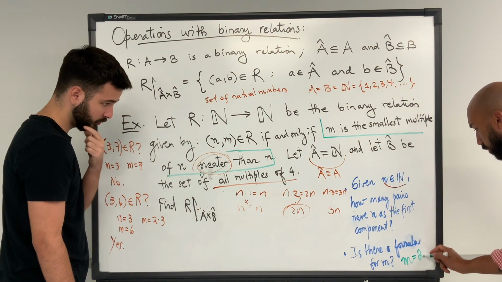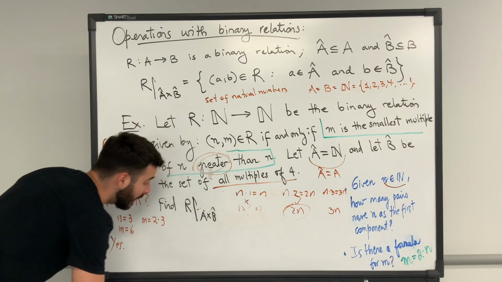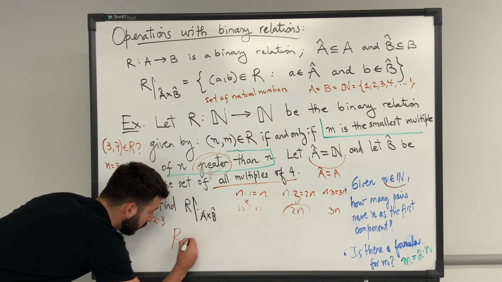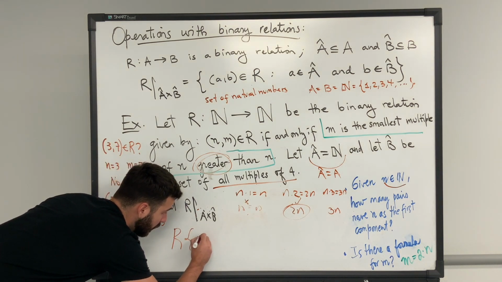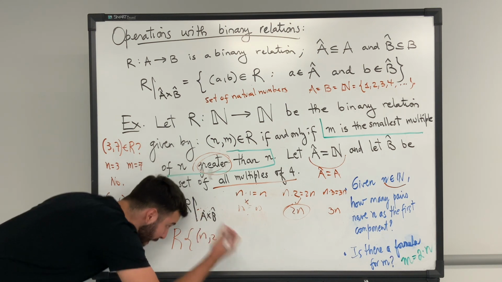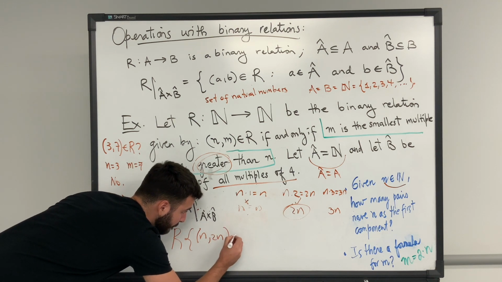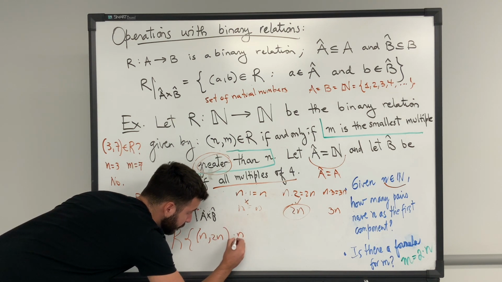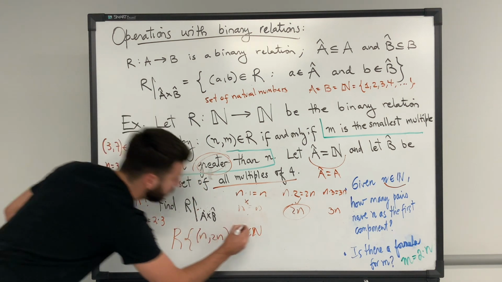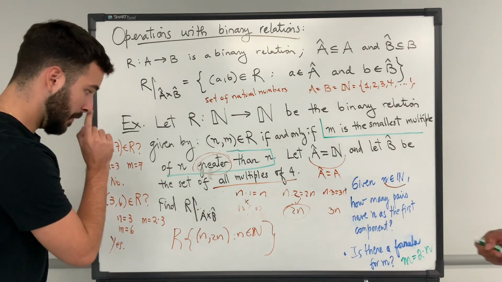Okay, so the extensional representation of the relation will be the pair n, m where m is 2 times n, for n belonging to the natural numbers. All right.